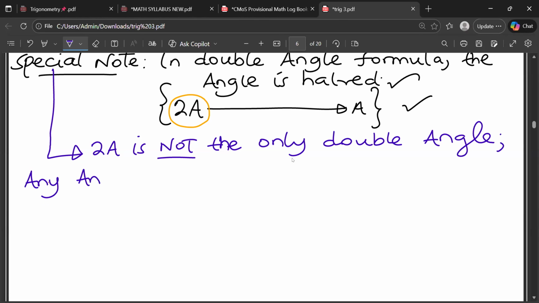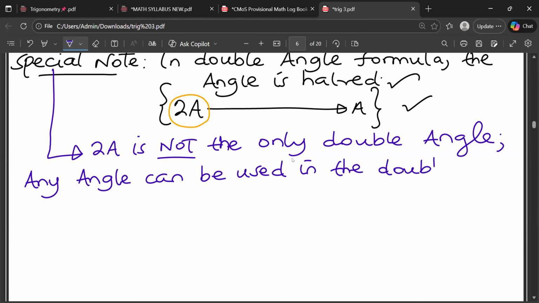Any angle can be used in the double angle formula provided we have it.